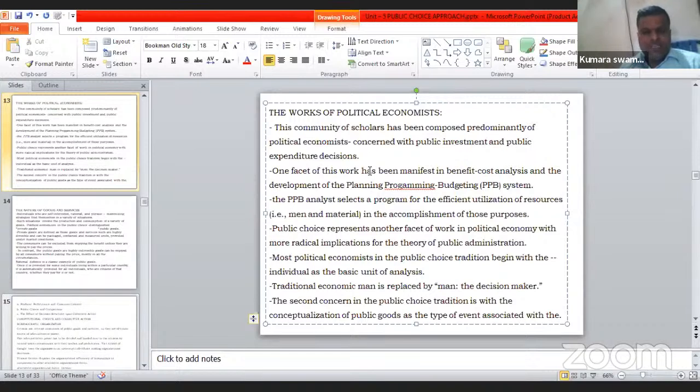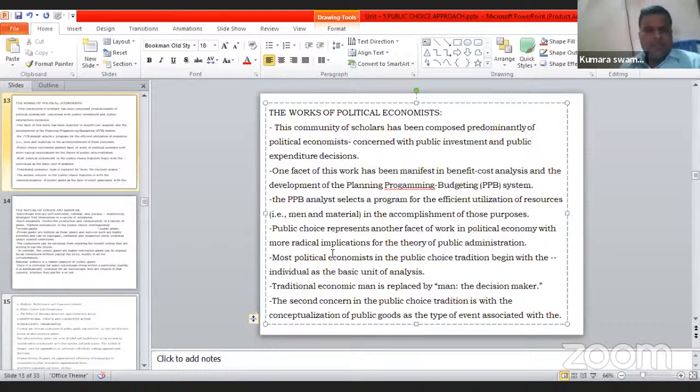So in the public choice approach, they have focused on different types of budget process like PPB, program budget, planning and programming budget system, and PPBS, planning and programming budget process, and different budget processes to control the money, to control the government budget.